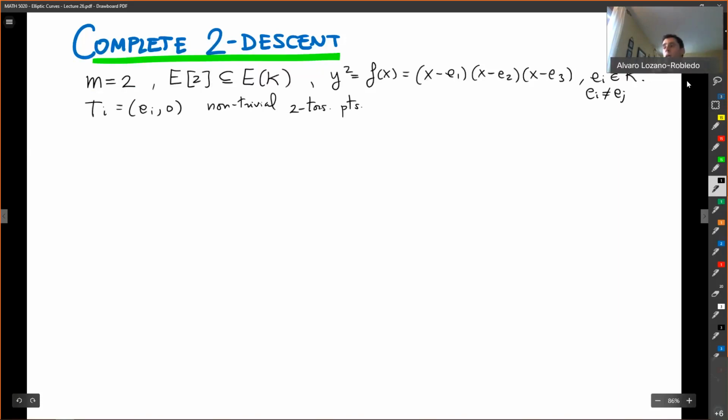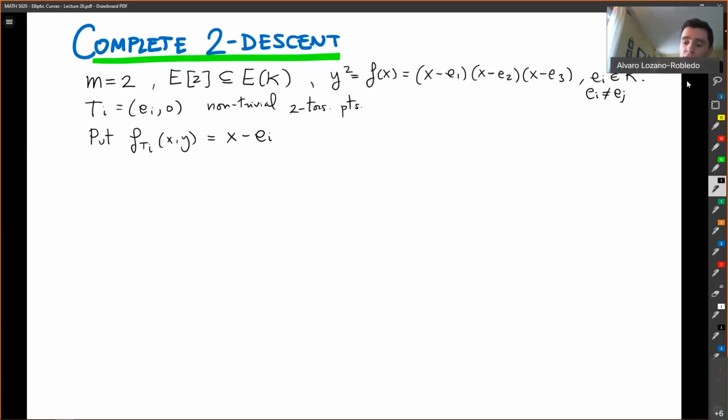Okay. Now, what do we need? To compute the pairing, we need these f_T functions that come from the Weil pairing. So how about we put f_Ti of (x,y) to be the function x minus e_i, because we computed that long ago in video, I don't know, 3, 4 of the whole series.